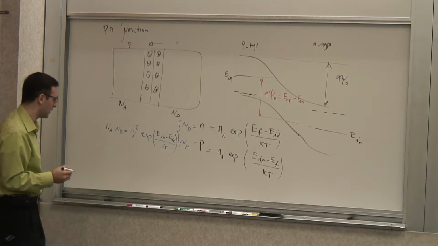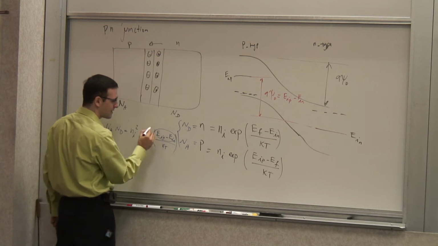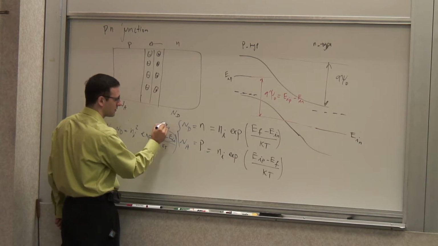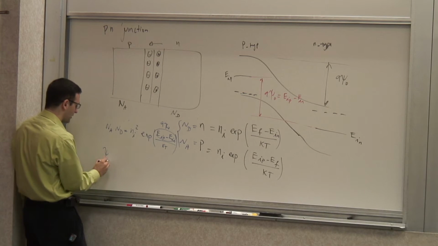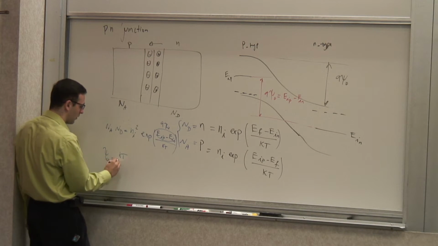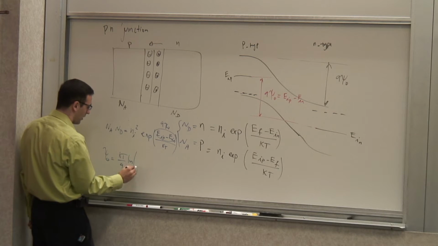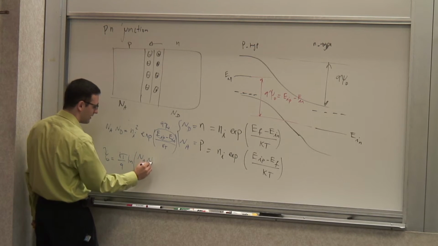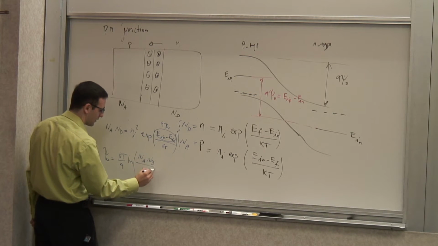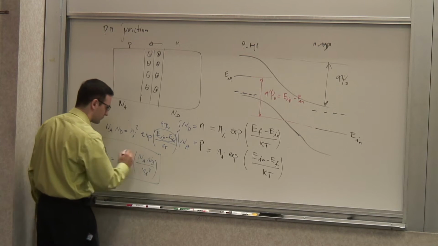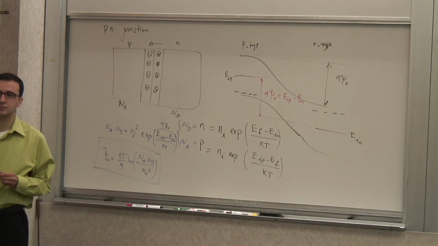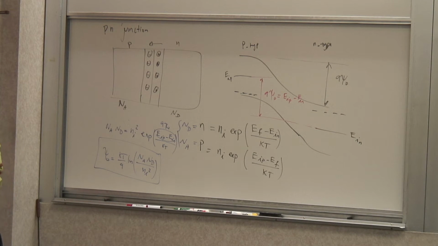And you can see where we're going. I know this is Q psi naught. So psi naught would be kT over Q, natural log of Na Nd over Ni squared. So that's where it comes from.